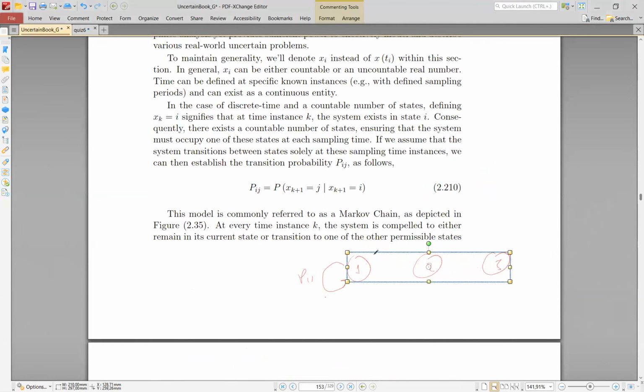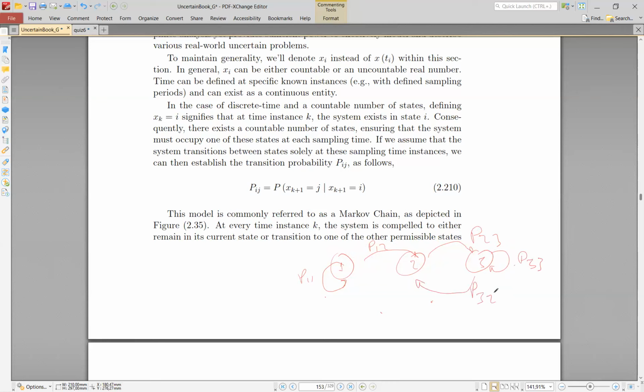From 1 to 2 is called B12. From 2 to 3 is called B23. And from 3 to 3 is called B33, and so on. From 3 to 2 it's called B32. So the first index is where you are now, and the second is where you will be in the next iteration, or in the next transition. This is called probability Bij. Okay.